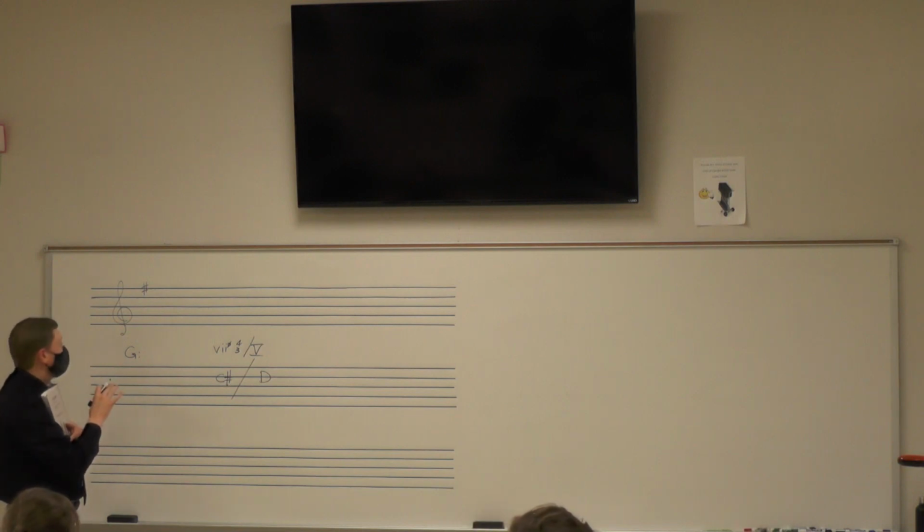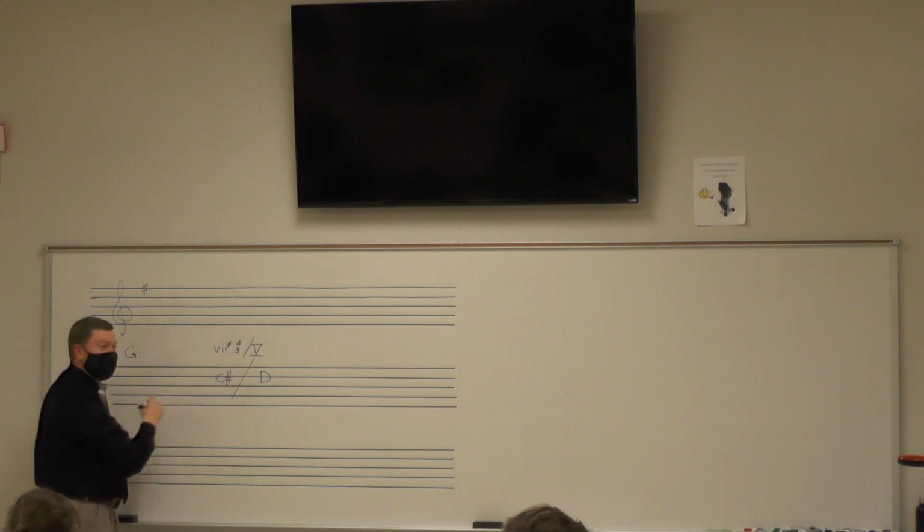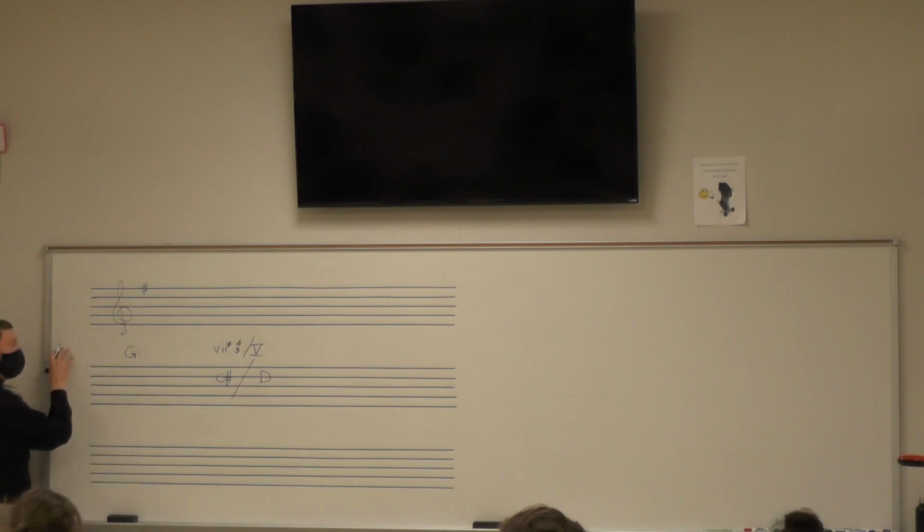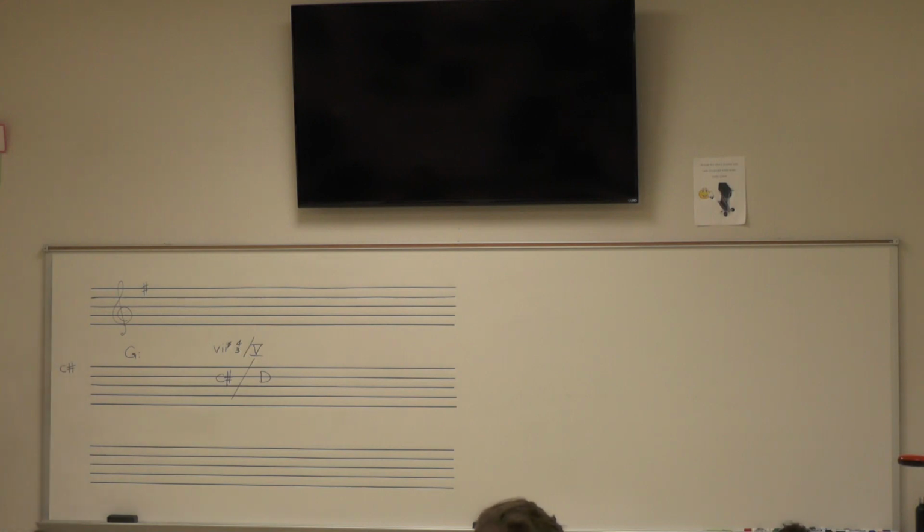But before I put it in the staff, because I see it's going to have to be an inversion, I think I'm going to figure out the notes over here on the side and then figure out what it's inverted. So how do we spell a half diminished seventh chord on a given pitch? Well, it's minor third, minor third, major third.